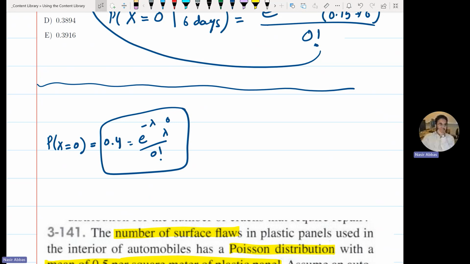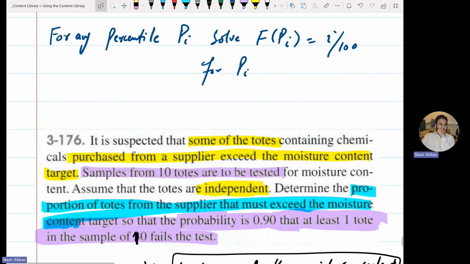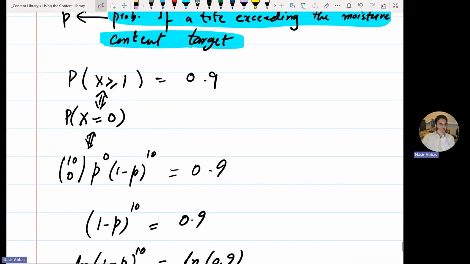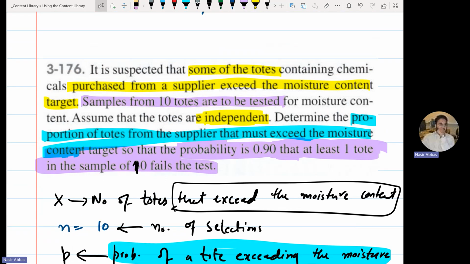Similarly, in this question, we told you that x has a binomial distribution. We actually did not tell you, you recognize that x has a binomial distribution. This is even more difficult level question. You recognize that x has a binomial distribution, but you couldn't find p. Why you couldn't find p? Because p was not given. What was given was that probability of x less than equal to 1 is 0.9. Go and find P.